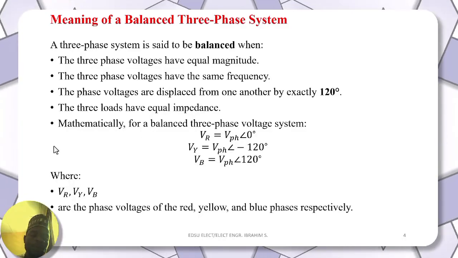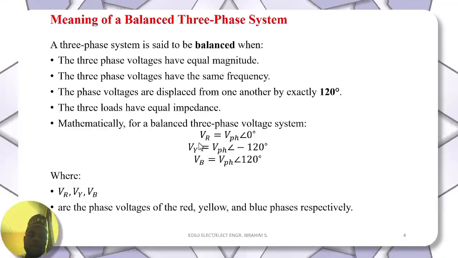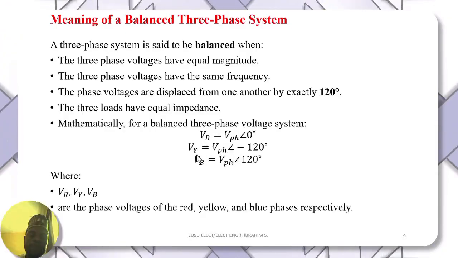Then for the mathematical representation of the three-phase system, this is the order: red, yellow, and blue, called RYB.